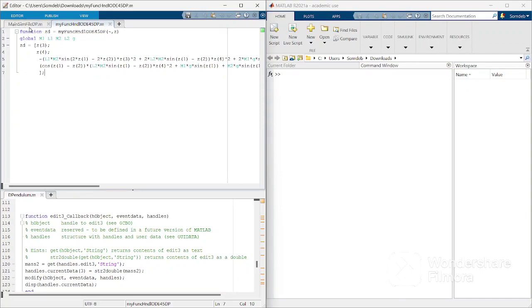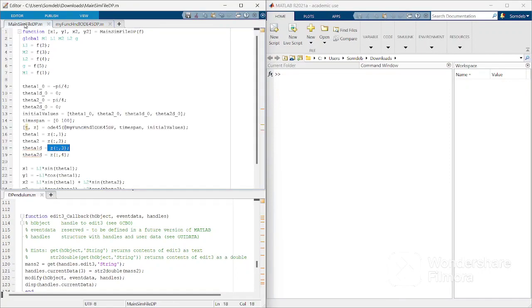After deriving the z derivative, I have theta 1 naught and theta 2 naught as initial conditions of the angles, and the angular velocities theta 1 dot and theta 2 dot are both 0.